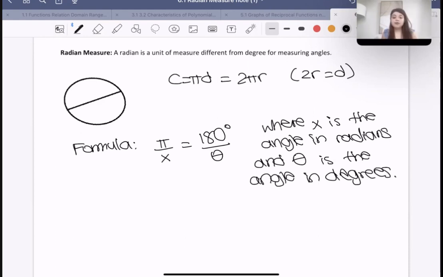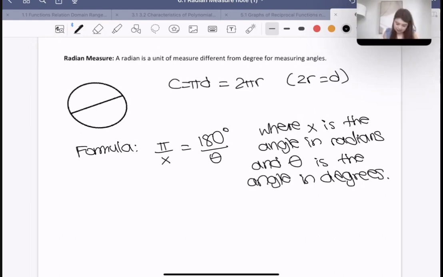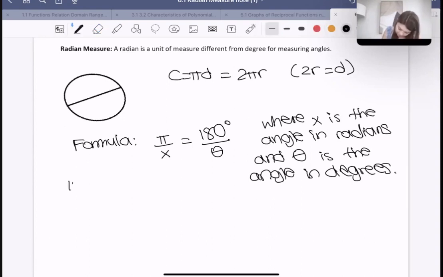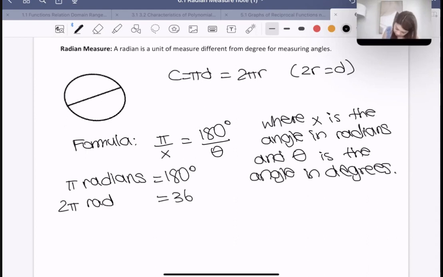Now, in other words, that means that pi radians is equal to 180 degrees, right? And as such, we know that 2 pi radians would be equal to 360 degrees, and pi over 2 radians is going to be 90 degrees, and so on, right? We know that this is the formula, that pi radians is equal to 180 degrees. And so that's how we can convert.